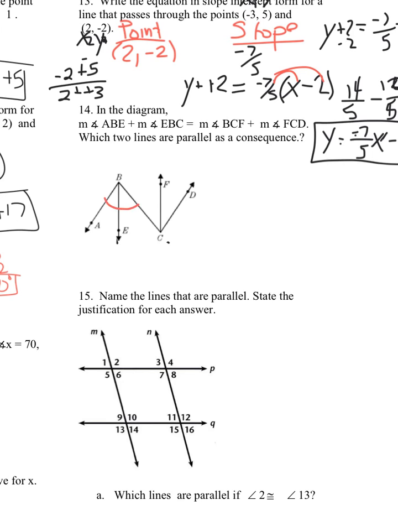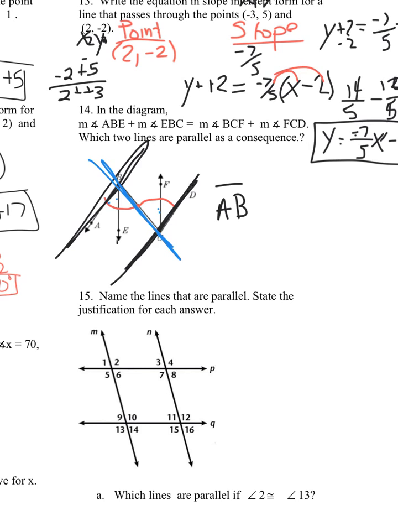This angle equals that angle. Which two lines are parallel as a consequence? So think about what, if this kept going, and this kept going, and this was a transversal, those are alternate interior angles. So what two lines would be parallel? AB, even though it's not a full line, it's a ray in one direction, and CD.